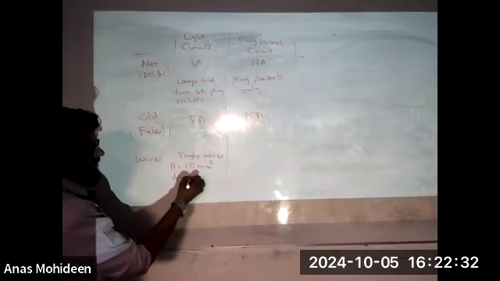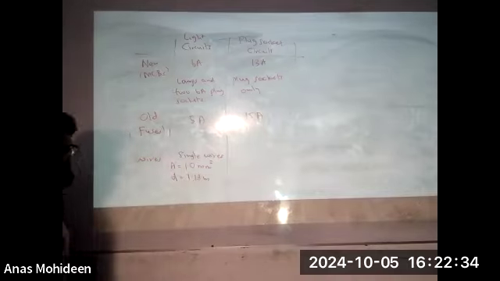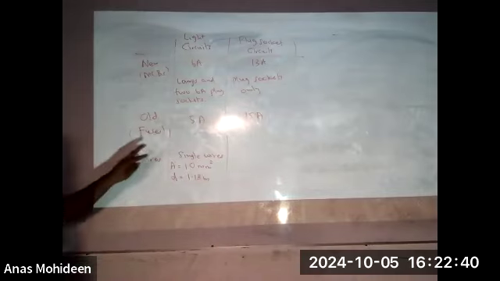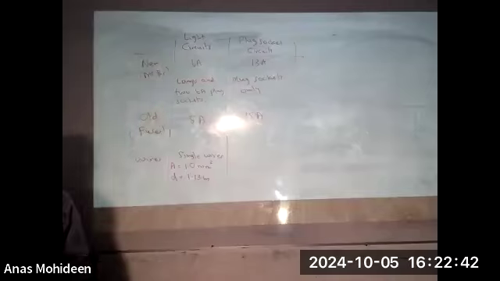And the diameter is about 1.13 millimeters. What is the diameter? 1.13 millimeters. So this is in the light circuits.